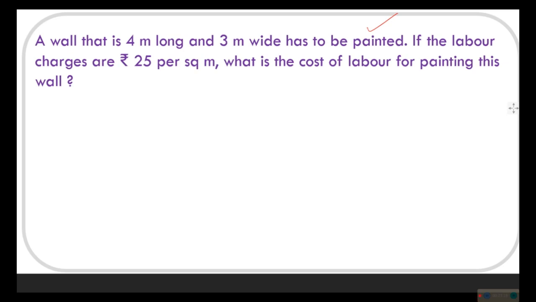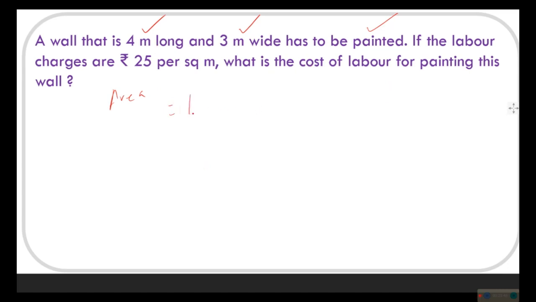So we should know how many square meters are there. So luckily here we are having a 4 meter by 3 meter wide wall. It is given in meters, so the answer will also come in square meters. So what we have to do, we have to calculate the area to be painted. As it is a rectangle having 4 meter length and 3 meter wide, what will we write?